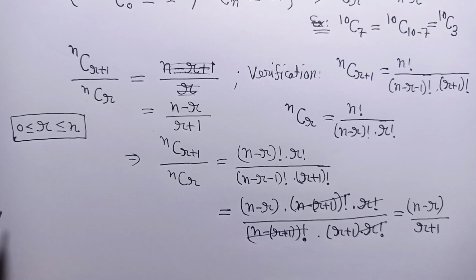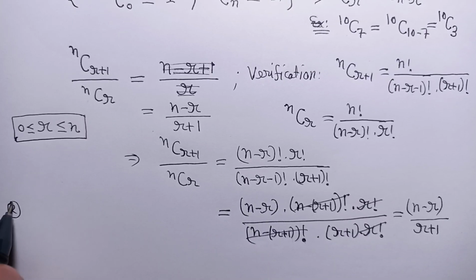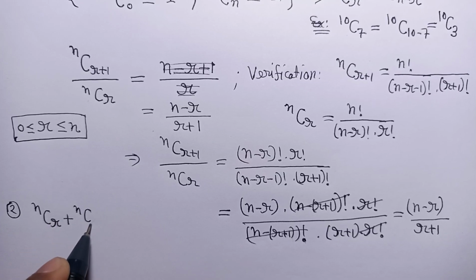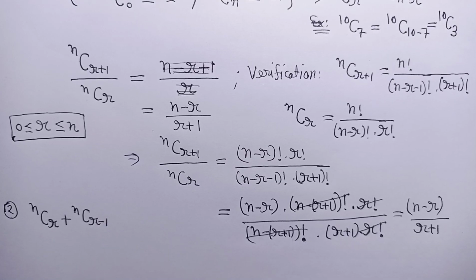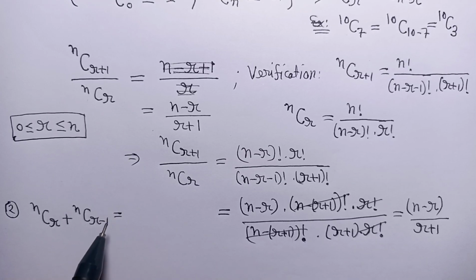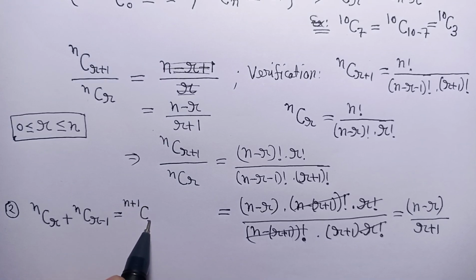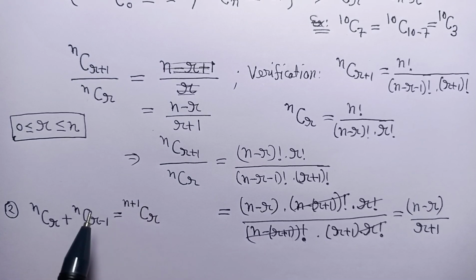And one more formula, the second formula is, if you have nCr plus nC(r minus 1), this will be equal to (n plus 1)Cr.